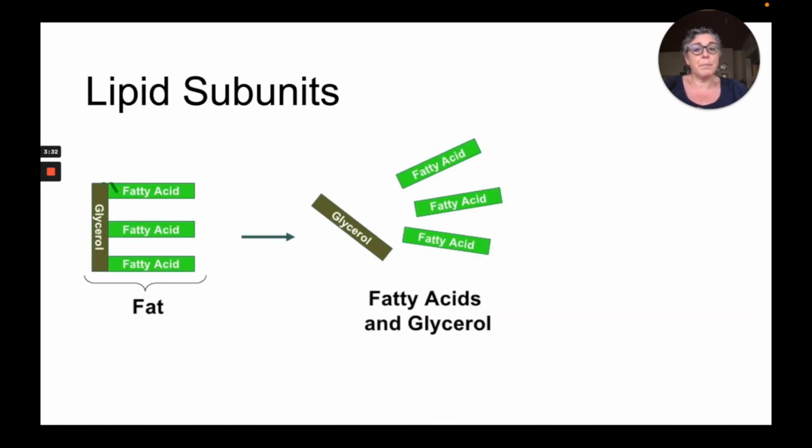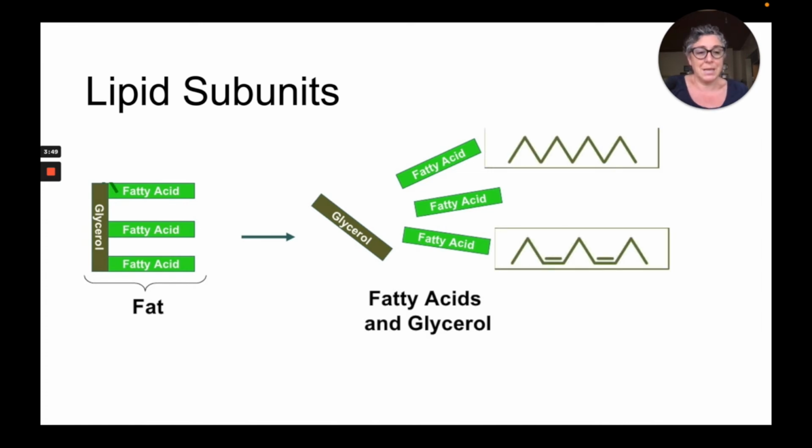So let's just talk about the lipid subunit. The lipid subunit, or the fat, is made up of two basic parts. It's made up of something called a glycerol and then three fatty acid tails. And that's typically a lipid subunit. Now, those fatty acid tails can either be a saturated fatty acid tail or an unsaturated fatty acid tail.